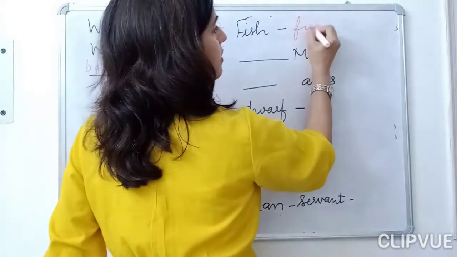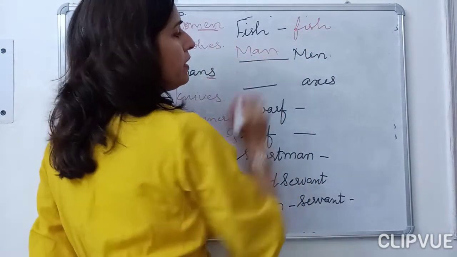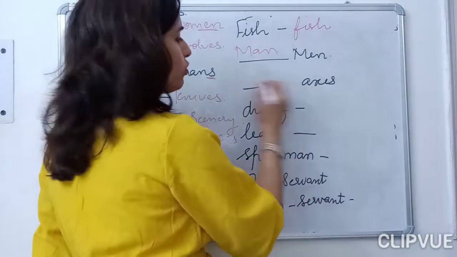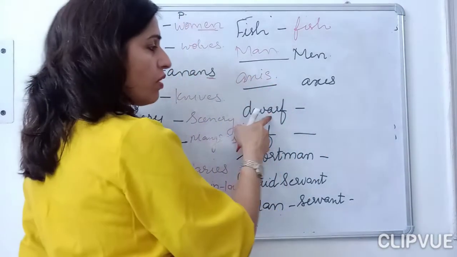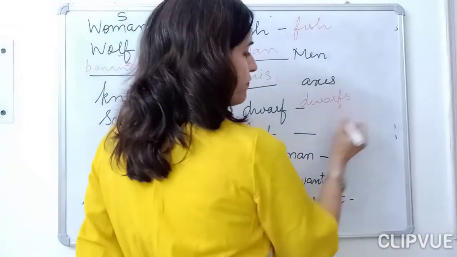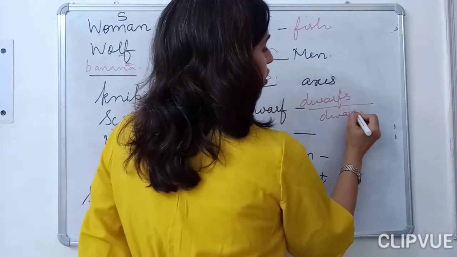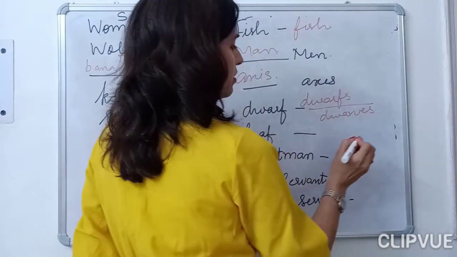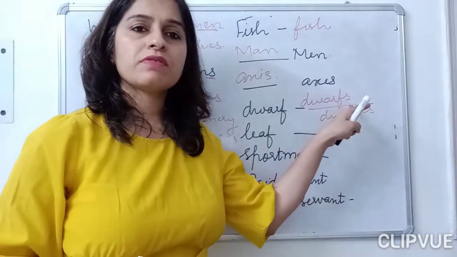Fish will again remain as fish. Men, the singular will be man. Axes, I have told you, children, so the singular will be axis. Dwarf, children, now see. Dwarf can be written as dwarfs and it can also be written as dwarves.